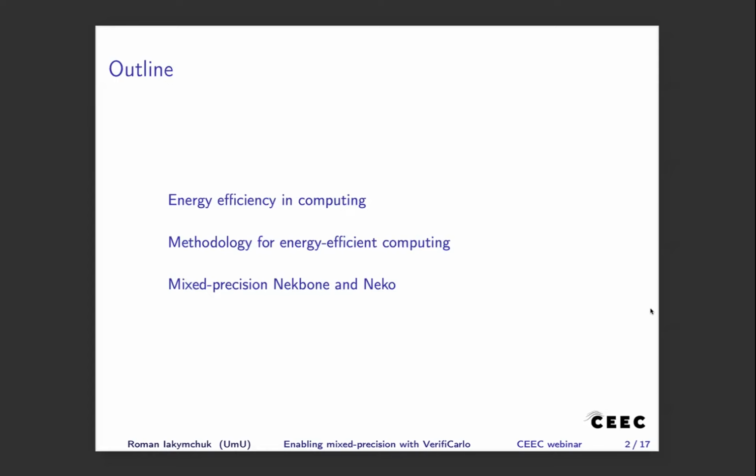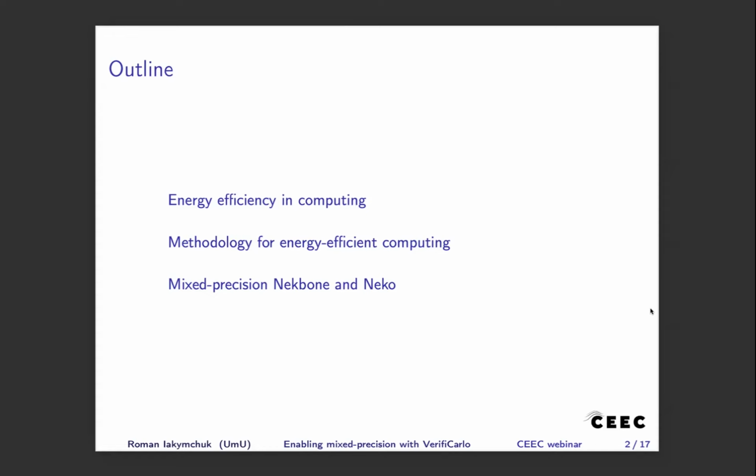So at first, we have this objective in the CEEC project. It's called energy efficient computing that I wrote during the proposal preparation stage. And the idea here is actually to look at how we can achieve it through optimizing precision usage of our solvers, underlying solvers in computational fluid dynamics. This is one angle.